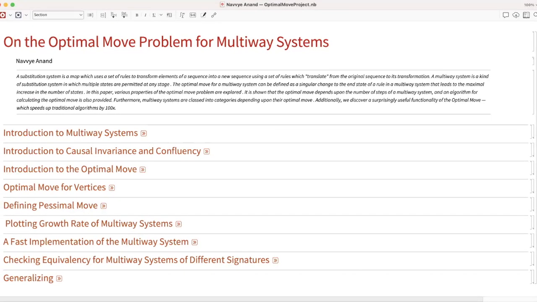And so I've introduced the optimal move problem for multi-way systems and discussed what that means. Additionally, I've also created an algorithm that works faster than traditional algorithms, such as the Knuth-Bendix completion algorithm, in the Wolfram language. And yeah, that's about it.